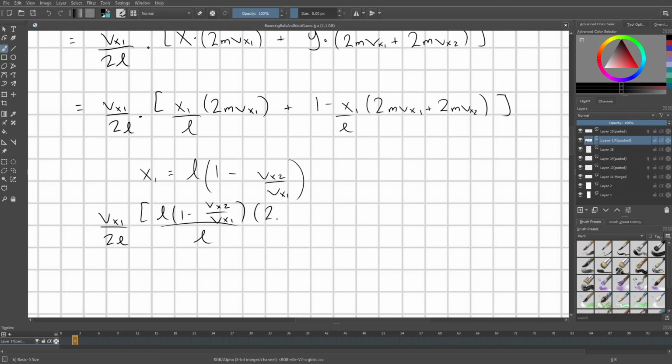We're getting to that point where everything's going to start canceling, and we're going to be very, very happy. Oh, isn't this looking very nice right now? Let's put some parentheses around this, just so that we know that we're expanding these entire two quantities.